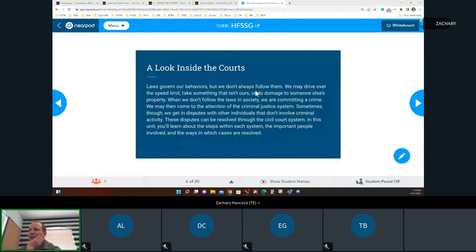Laws govern our behaviors, but we do not always follow them, as we've discussed in previous lessons. There are ones that we don't follow or that are not basically enforced. We may drive over the speed limit, take something that isn't ours, or do damage to someone else's property. When we do not follow the law in society, we are committing a crime, and we may come to the attention of the criminal justice system.